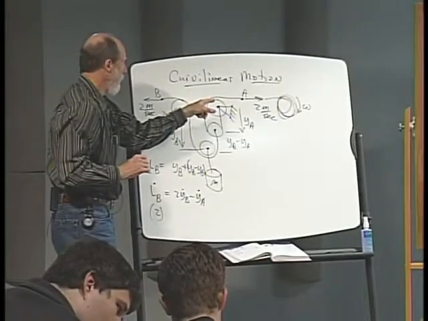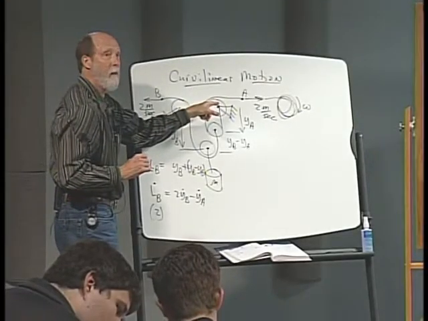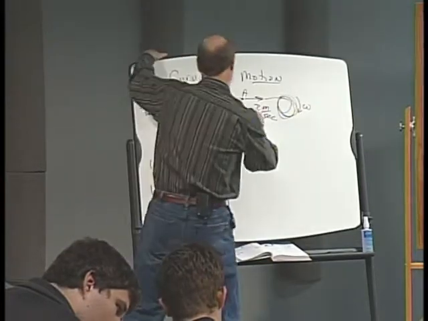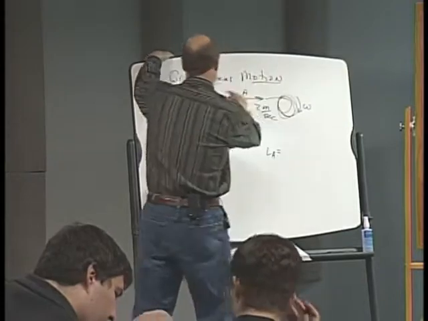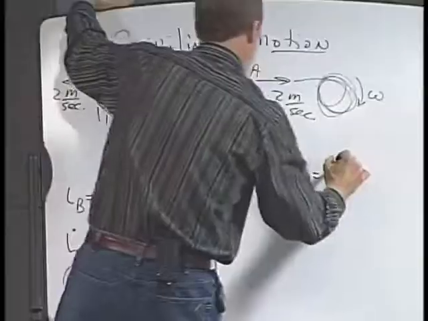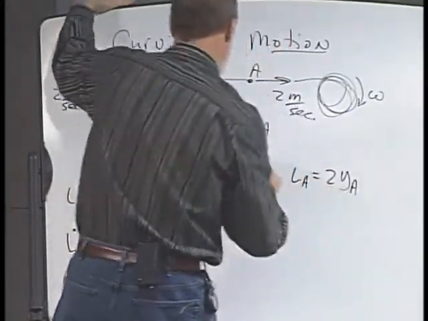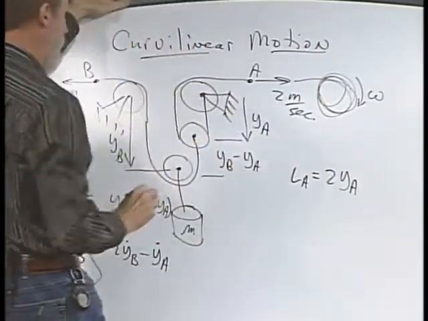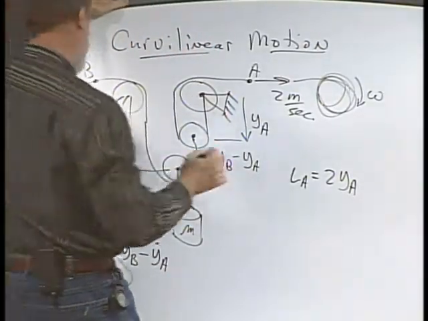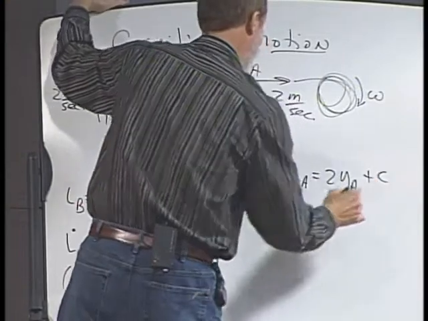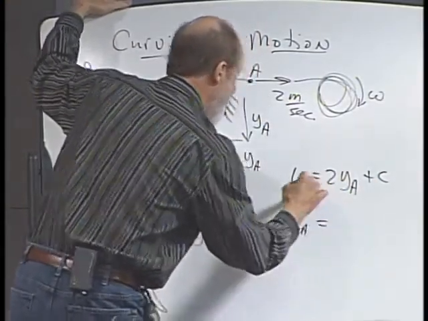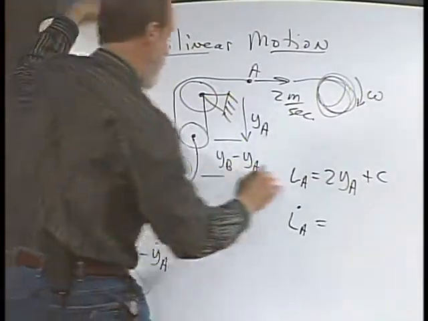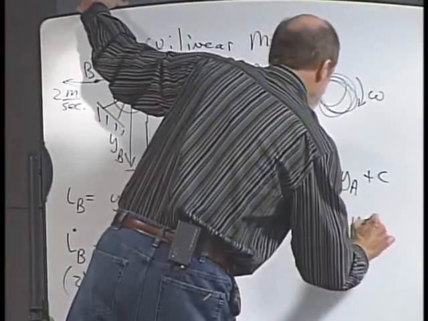And you come over to the other side and do the same thing. So you have this cable length, L A, is equal to 2 Y A plus C. I forgot to put my C's on there. And then you differentiate this, and you have L A dot, which is not 0, is equal to 2 Y A dot.